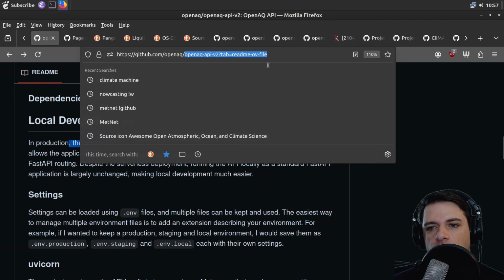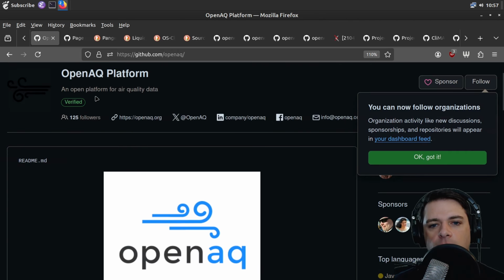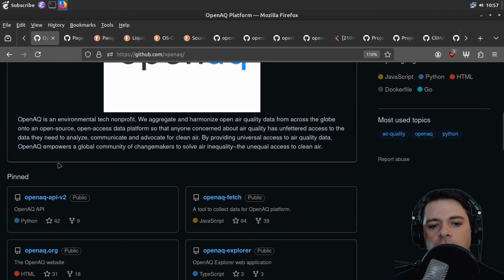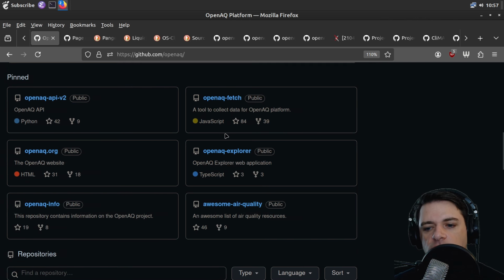but I don't know what OpenAQ is. Open platform for air quality data. Okay, so these are the APIs, but where's the data? You can fetch stuff, you can explore stuff, and there's this list of awesome air quality stuff. Let's see.